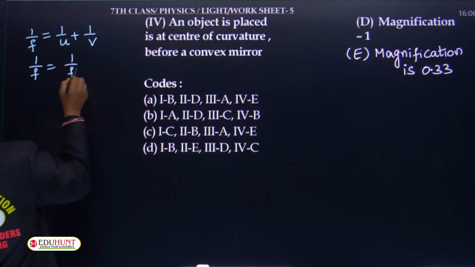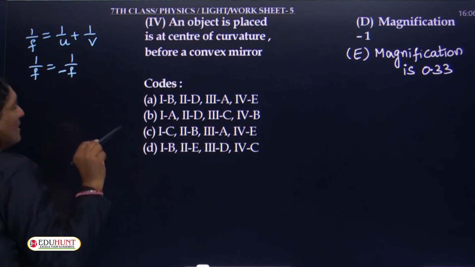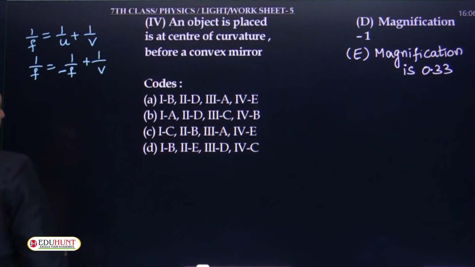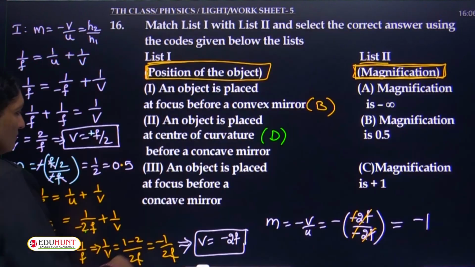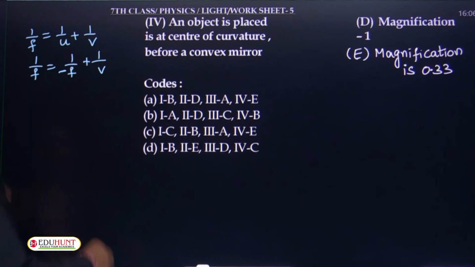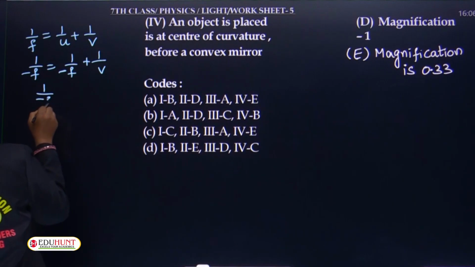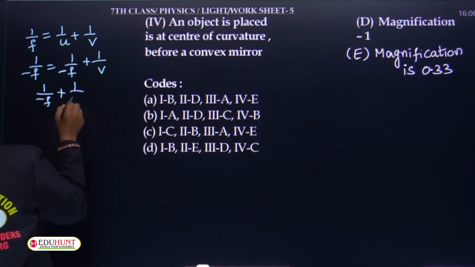So u is also taken as f, but before the mirror it is taken as minus f, plus 1 by v. Is that clear? So for a concave mirror, even the focus point should be taken as minus only. So bringing this to the other side, we have 1 by minus f.